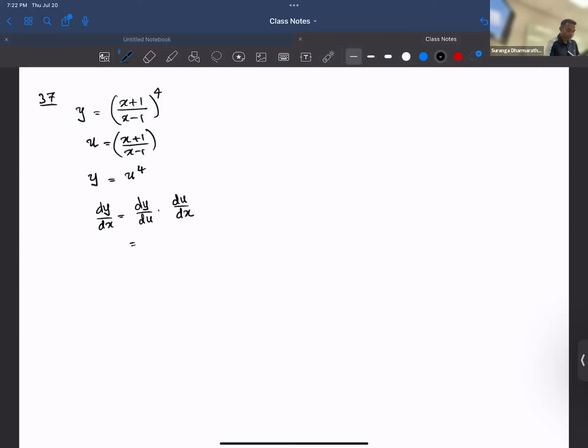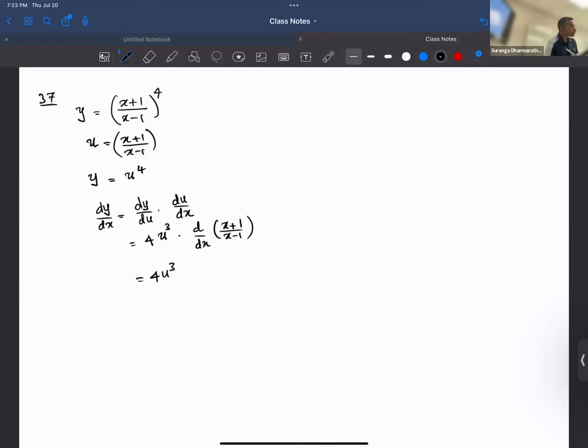So dy over du is easy, 4 times u to the power 3, times d over dx of x plus 1 over x minus 1. So how do we deal with this one? What is this? It's a quotient. You can use the quotient rule, or you can use the combination of product rule and chain rule again. So I'm going to use the quotient rule here.